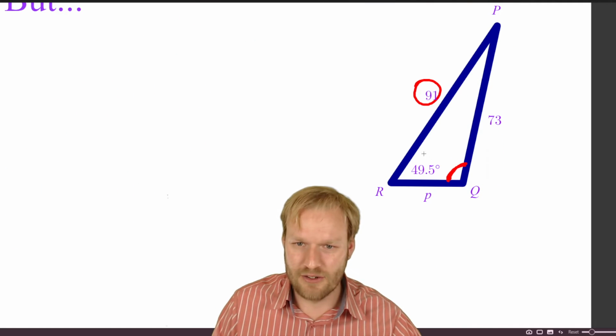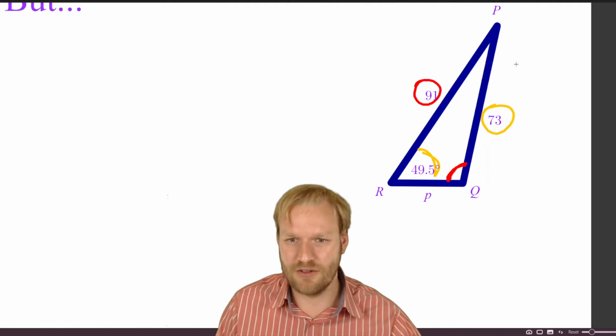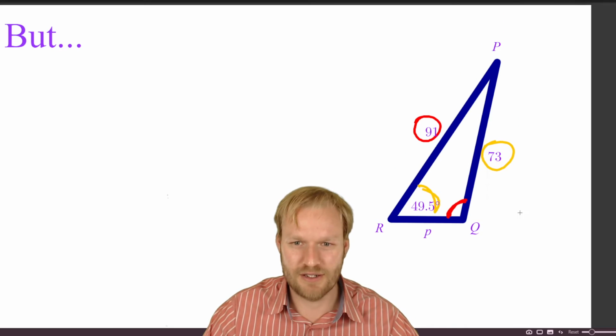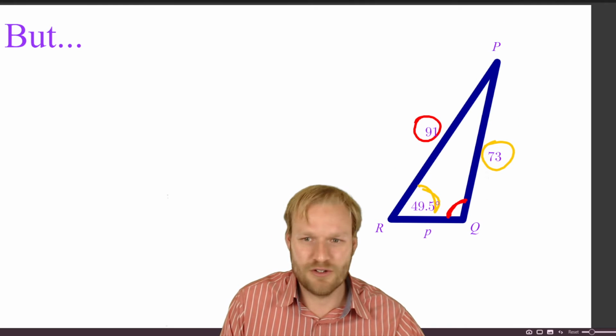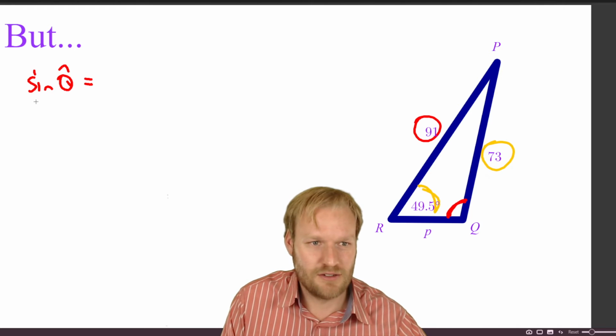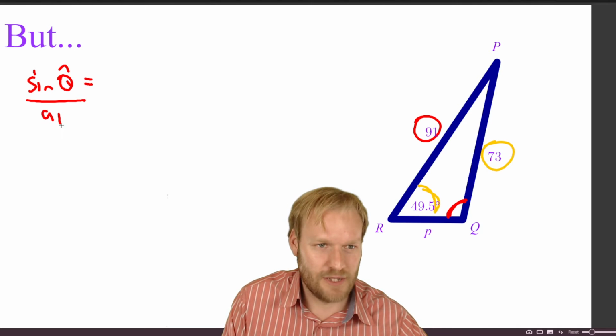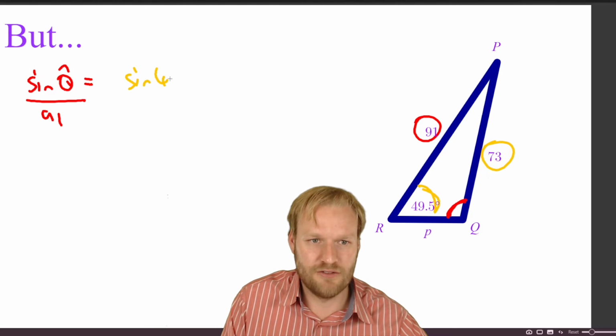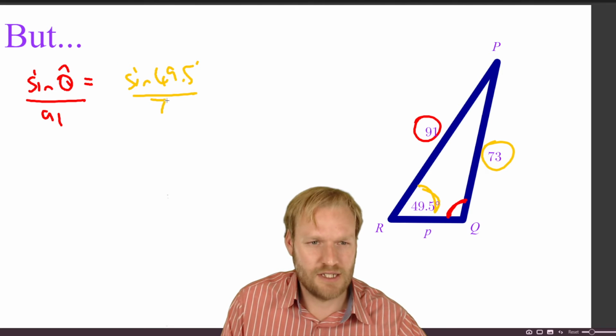So this angle still goes with this side, and the third one we're not worried about at the moment. Still, if we want to find Q, our first steps would be the same. Sine of Q, if we divide by 91, is equal to sine of 49.5 over 73.